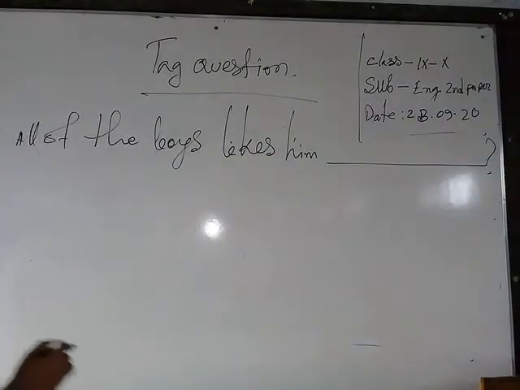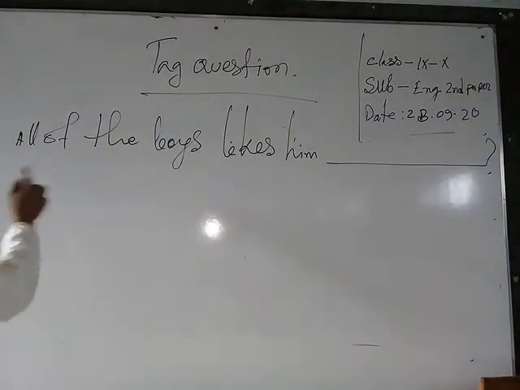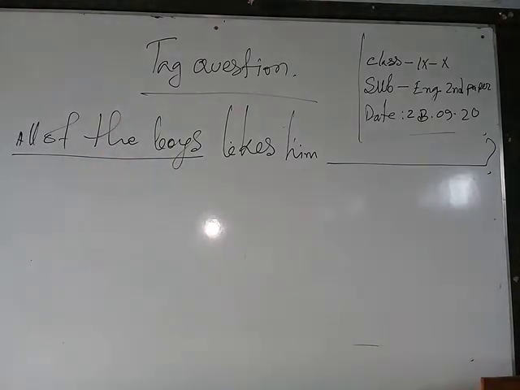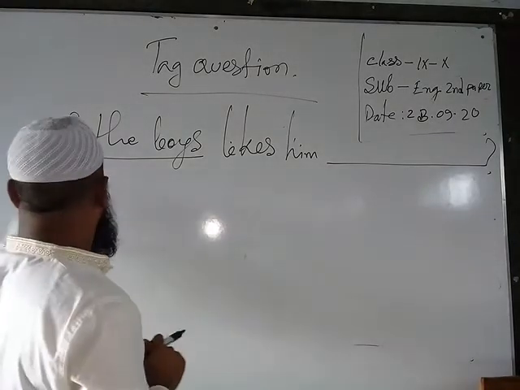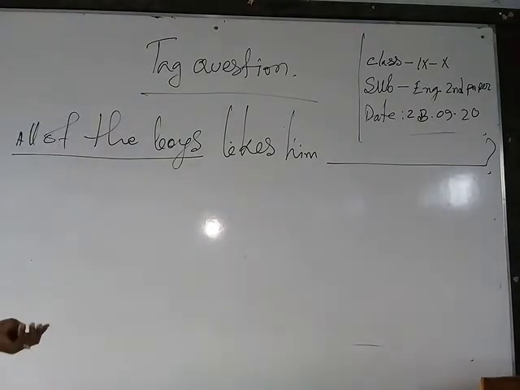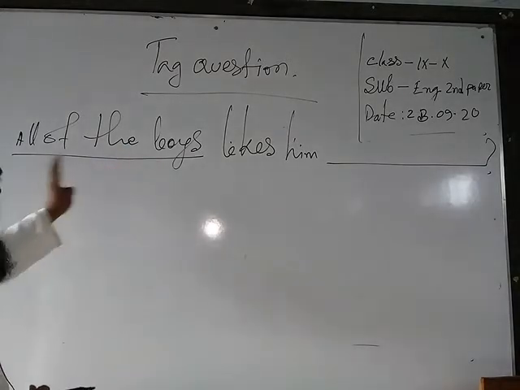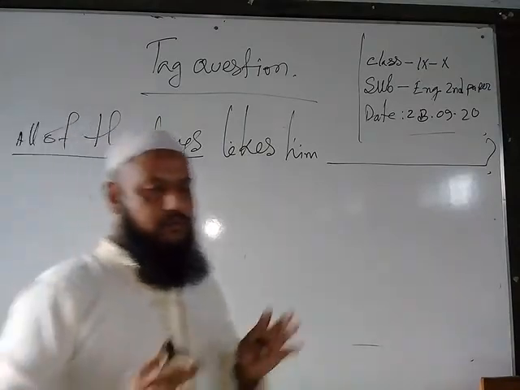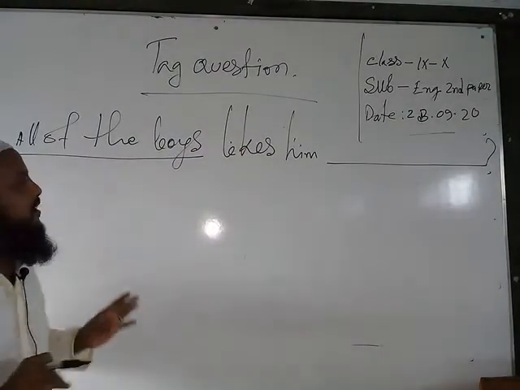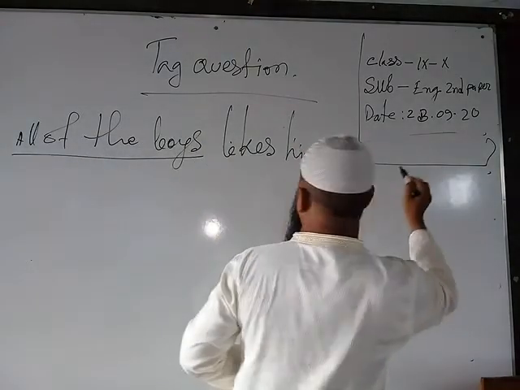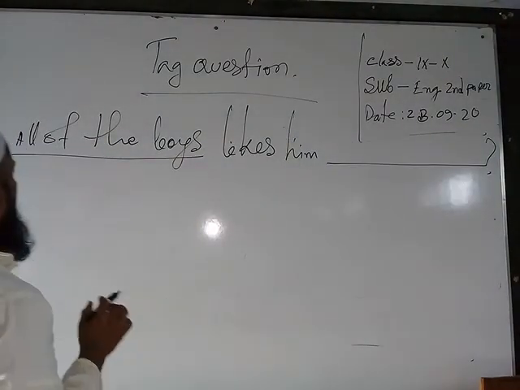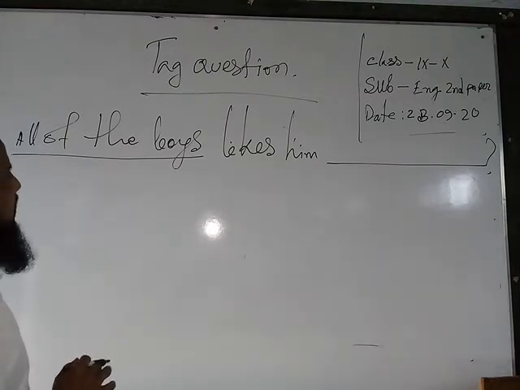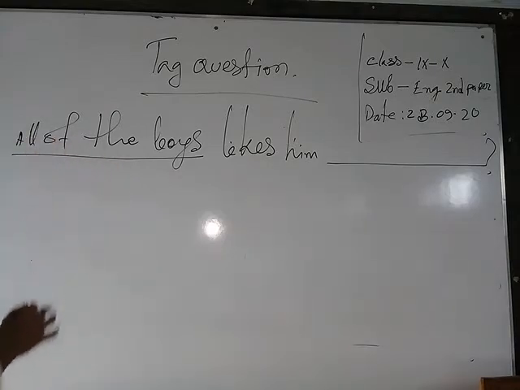Here, student, in this sentence we see that all of the boys is the subject. If the sentence starts with all of, some of, any of, none of, then the subject is third person plural, we use they as a pronoun. That means all of the boys, all of the students, all of the girls, none of the boys, none of the students, if it is the subject, we use they.